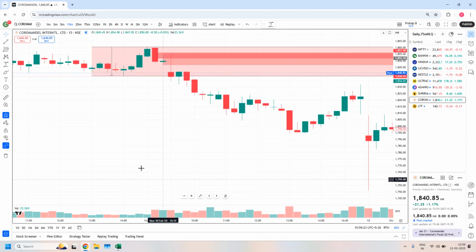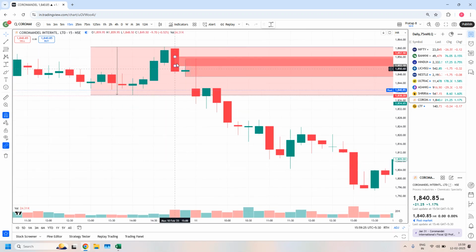Look into the 15 minute zone here. You have a drop candle, you have a base candle, and you have a failed ERC candle as a leg out. Can we use this failed ERC as a leg out? Yes. Why? Because in the dynamic view, it is a drop candle.